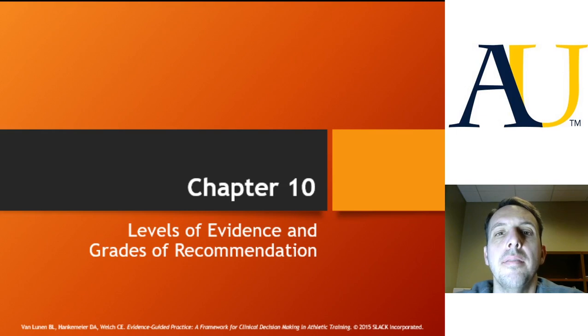the evidence that we have found on standardized scales associated with what we term the level of evidence, and then finally to the grades of recommendation.